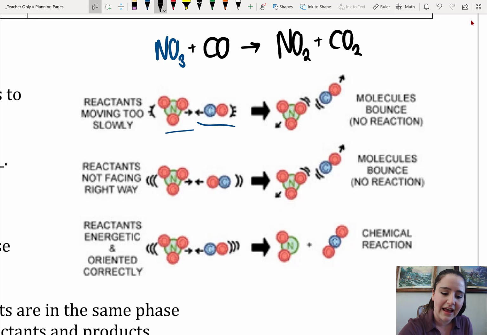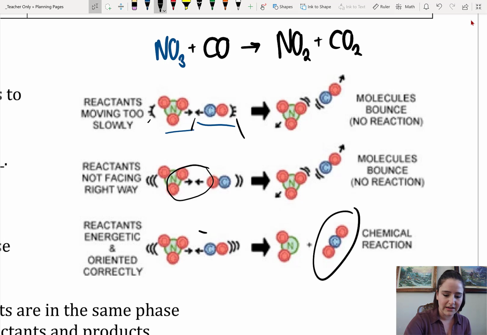If they collide slowly, no reaction is going to happen. They're just going to bounce off of each other. If they're not facing the right way, say if the O is bumping into other oxygen molecules, well, they're not the ones that need to react. The O needs to bond to a carbon. That carbon has to be there to steal it. So if they don't collide in the right orientation, you're also not going to see a chemical reaction, okay?